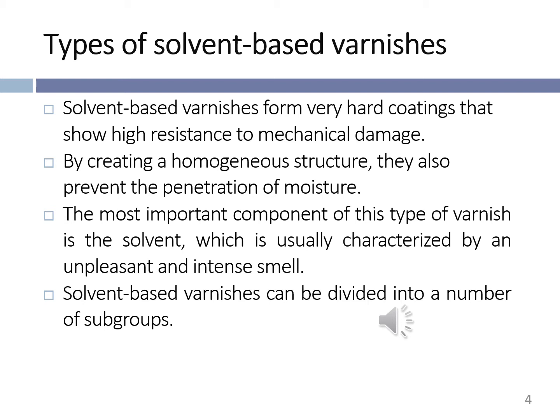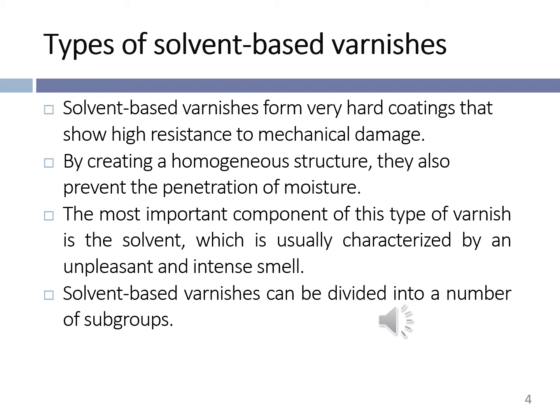The coating which is formed from the solvent-based varnishes creates a homogeneous structure on the surface or on the objects. In this way, they create a coating which is highly homogeneous and prevent the penetration of moisture into the surface.